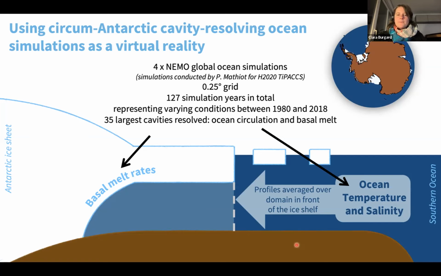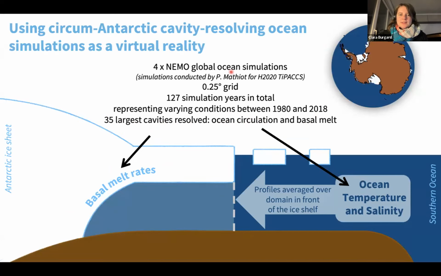So it's not a projection of 127 years, it's just a total, an ensemble. In this resolution, 35 cavities are resolved, which means the ocean circulation in the cavity and the basal melt is resolved. These are the 35 shown here in white on this map.